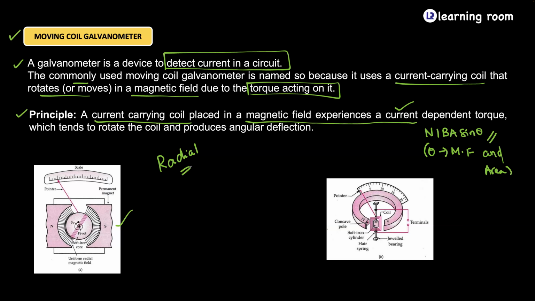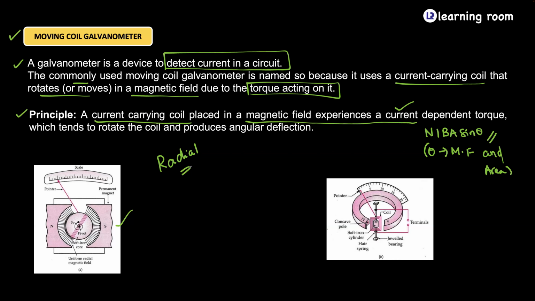Yeah, soft iron core is used so that the magnetism is not retained in it. In this, you don't need magnetism. You're unnecessarily producing more magnetism. Because of that magnetism, this will also get magnetized.